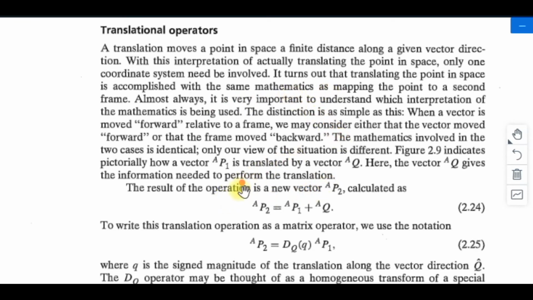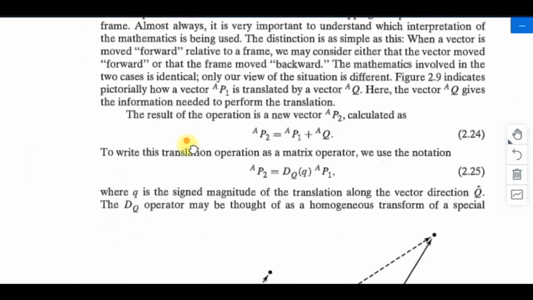So the operation is translated by a vector AQ. The vector AQ gives the information needed to perform the translation. The result of the operation is a new vector AP2, calculated as AP2 equals AP1 plus AQ.